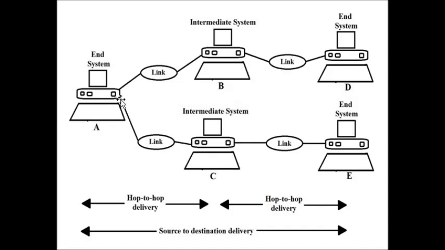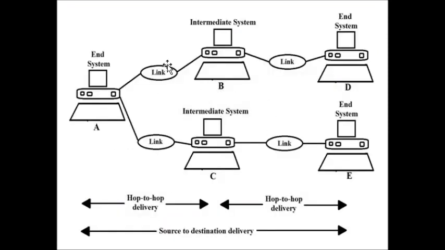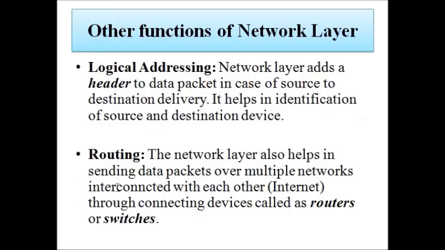If we have to send data from this network to another network, multiple connected networks, the internetworks, which is the internet, that process is called routing. The data packet has to pass through multiple intermediate devices across multiple networks. This process requires specific connection devices called routers or switches, and that function is accomplished by the network layer.